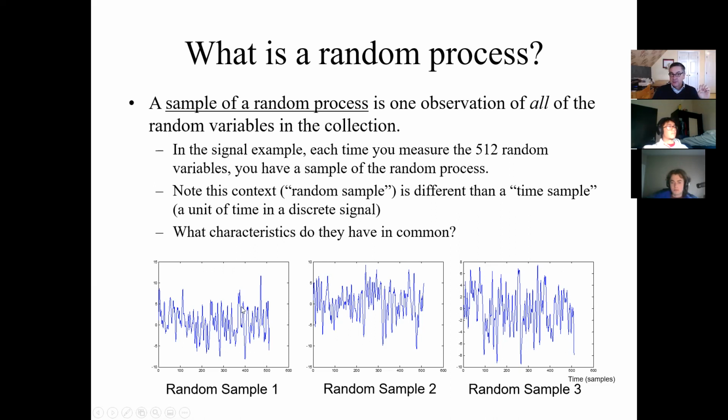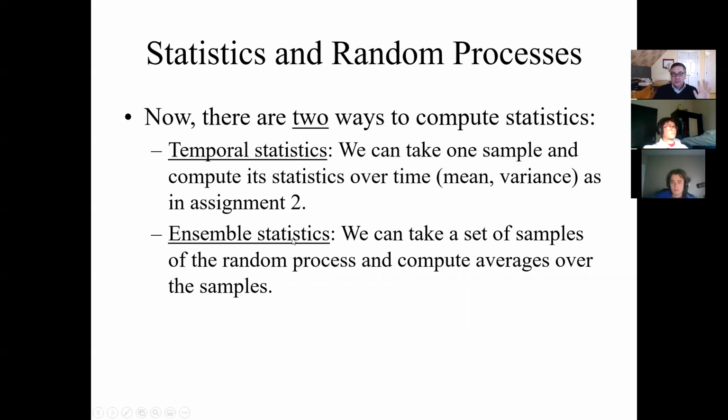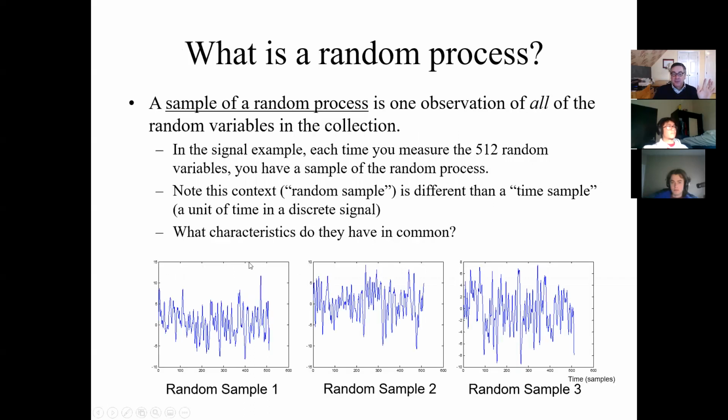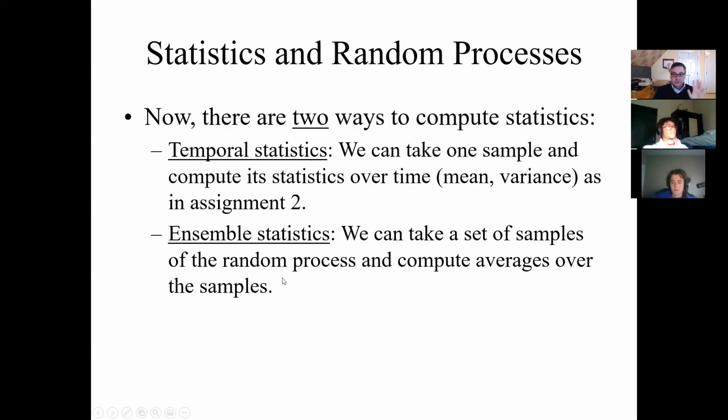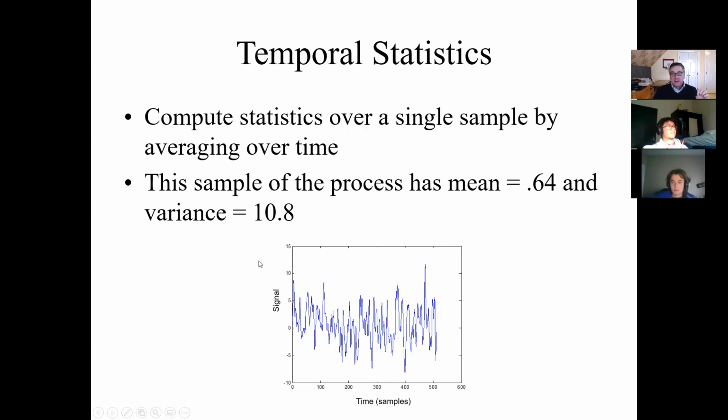In other words, a whole bunch of signals. I could measure the temporal statistics off of just one random sample, but the ensemble statistics I have to measure by taking a bunch of these random samples of the signal. I'll go into a little more depth on these in a second.